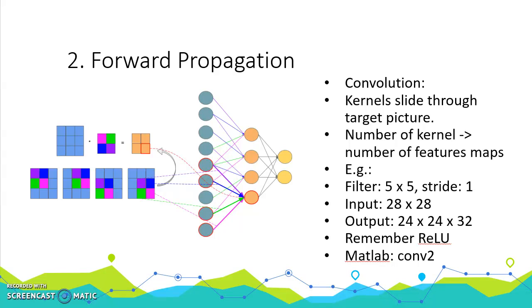The size of the filter is 5 by 5, the stride is 1, so my output will be 24 by 24 by 32. And after that I use ReLU as the activation function. In MATLAB you can also use the conv tool to do the convolution, but remember to flip your weights before you do that.